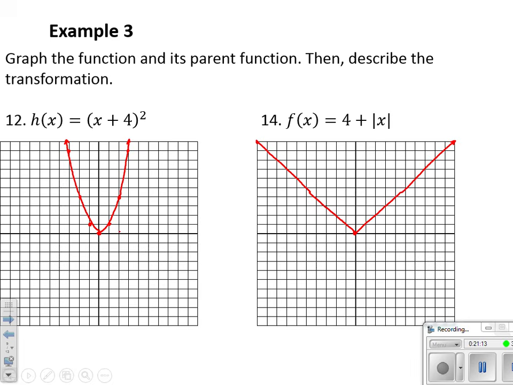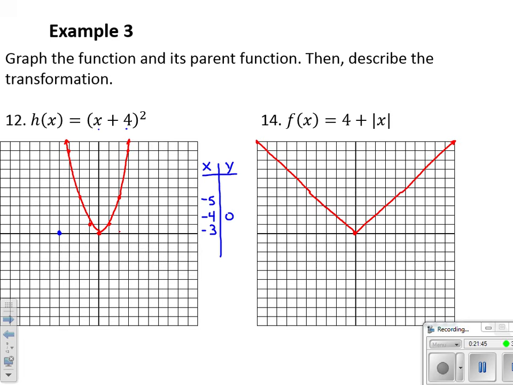Now for the actual adjustments that we've made, x plus 4 and then squared. So if I make a table of values to graph this one, if I plug in a negative 4, then I'll have negative 4 plus 4, 0, and then squared. So the point negative 4, 0 is on that graph. Oops, that should have been negative 5.